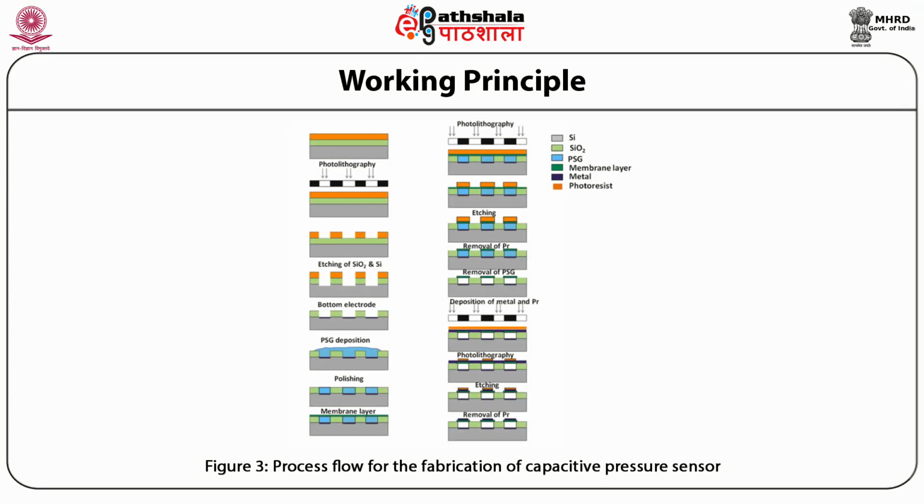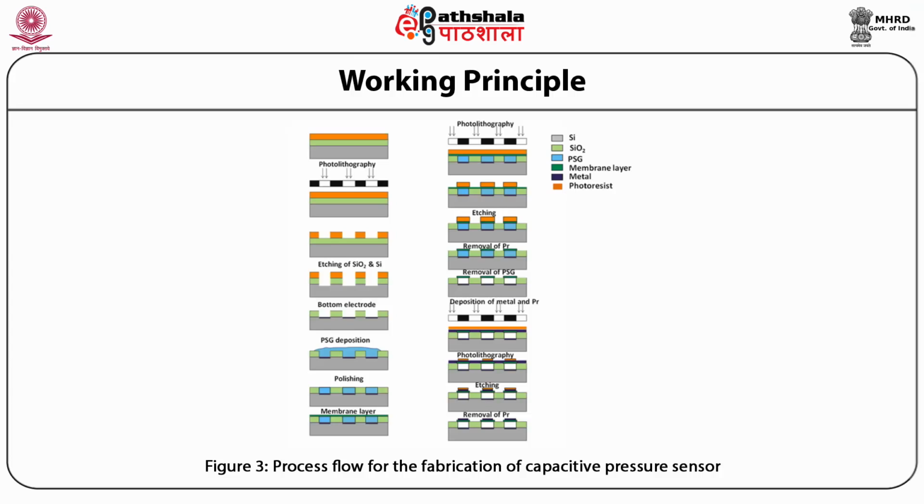Now students, we have discussed the process flow for the fabrication of capacitive pressure sensors. Now let us see the schematic for the same. You can see a schematic for the pressure sensors, and on the right hand side of the slide, you can see the color coding meaning.